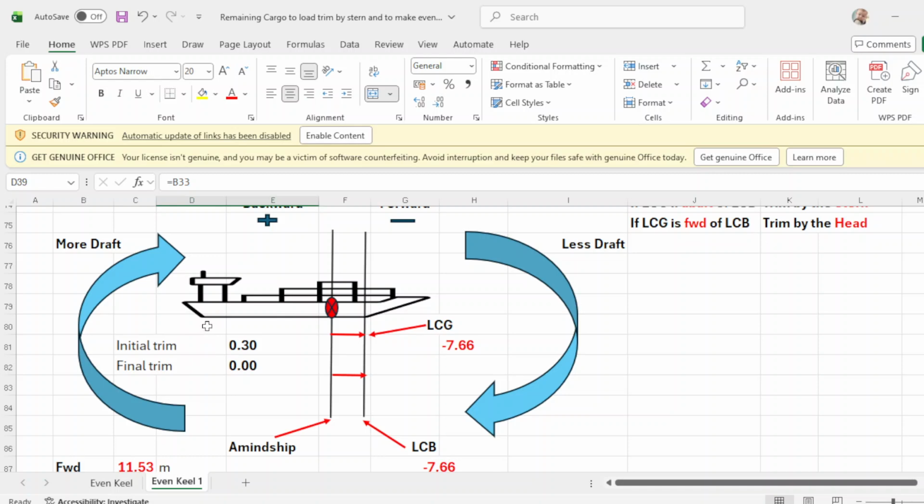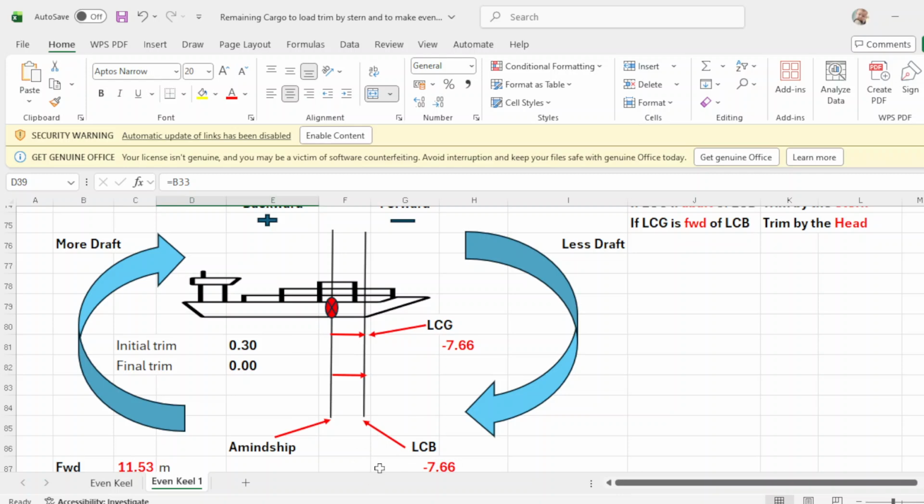So this aft part will go up, that's why you have the arrow here, and the forward part will go down so that you will have even keel. So that is the reason why you have this arrow. When you are trimmed by the stern of 30 centimeters, you want to make it even keel. So by trim, this will go up and this will go down so that the vessel will be even keel. That's why it's a clockwise direction. And this is your amidship.